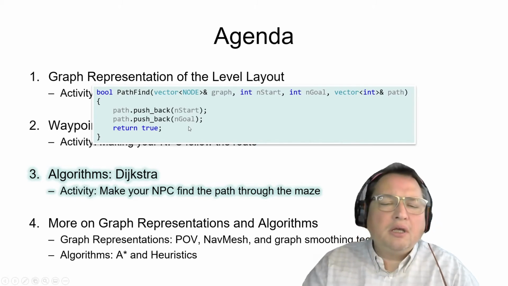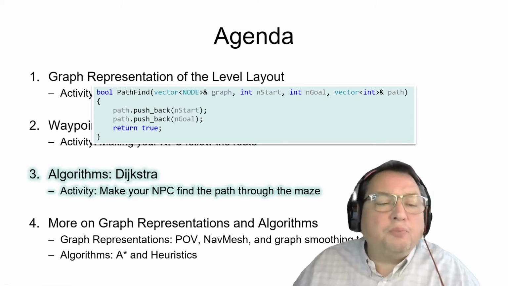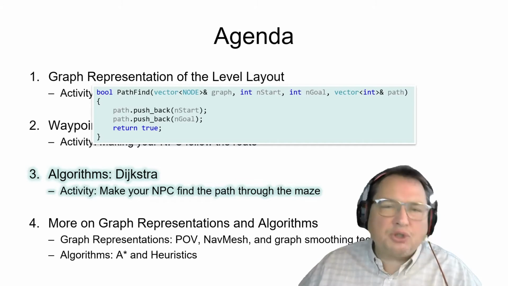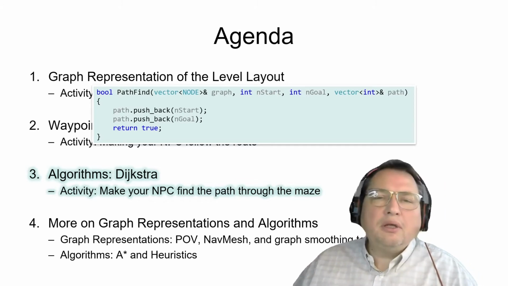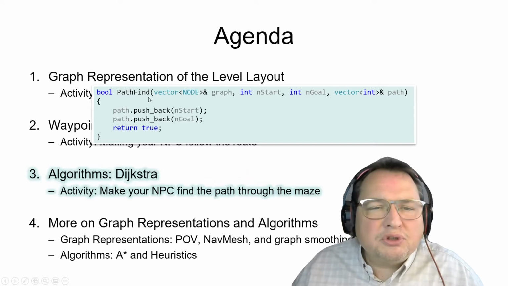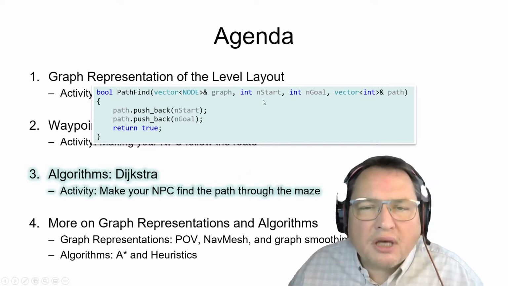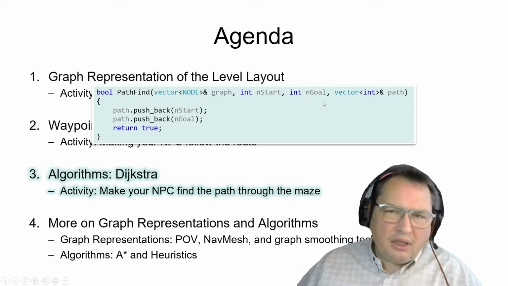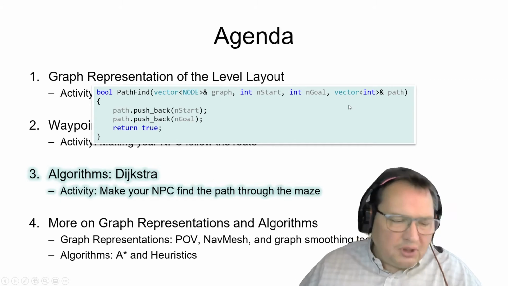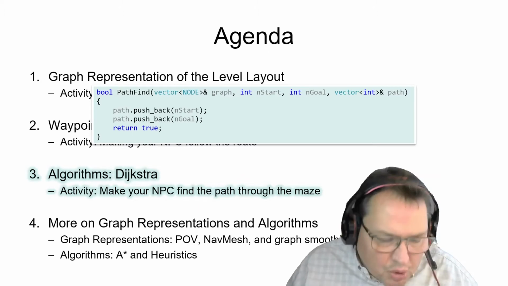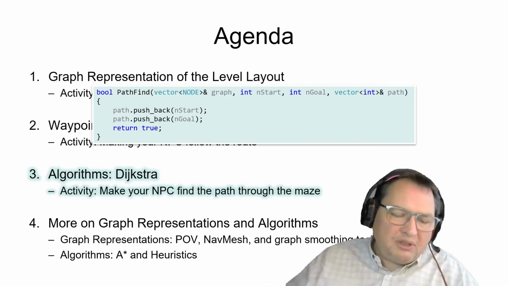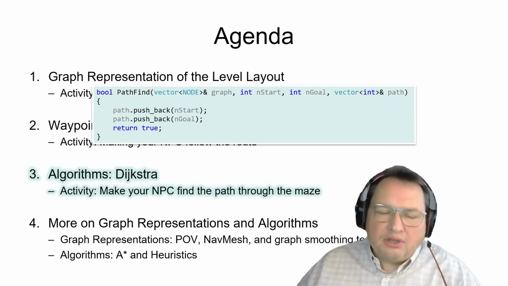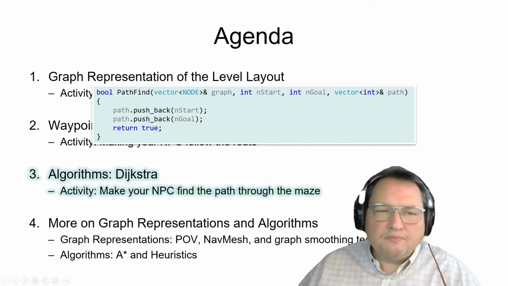Simple as it is, it's still a starting point for our Dijkstra implementation, and in particular, it already has all the input we need. So the graph itself, the indices for the start and goal nodes, and a structure, a vector of integers, which will be used to collect all the intermediary nodes, creating the shortest route.